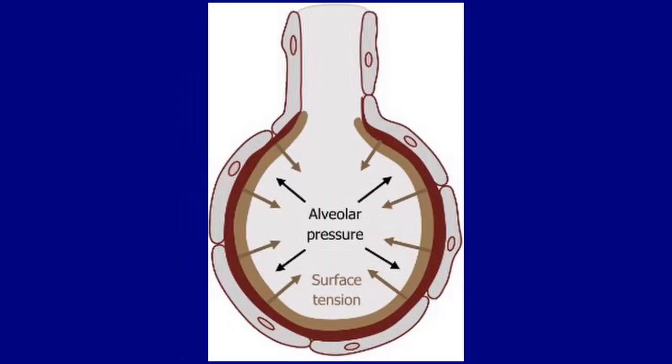What prevents the lung from this collapse is another pressure that pushes the alveoli outwards. This pressure is the alveolar pressure. So the alveolar pressure is an outward force that pushes the lung outwards. And this alveolar pressure is in balance with the elastic recoil pressure and the intrapleural pressure.